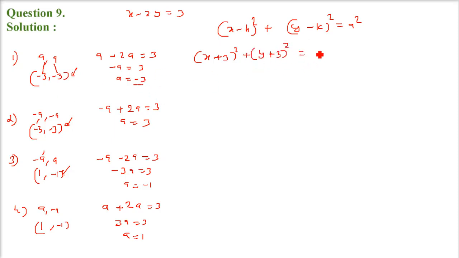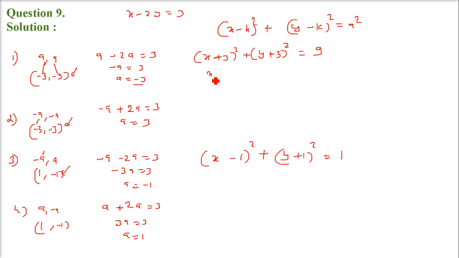A square is minus 3 whole square, which is 9. For the other, h is 1, so (x minus 1) whole square plus (y plus 1) whole square equals 1 square, which is 1.